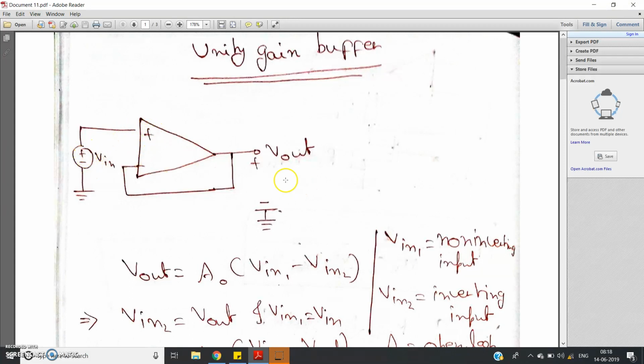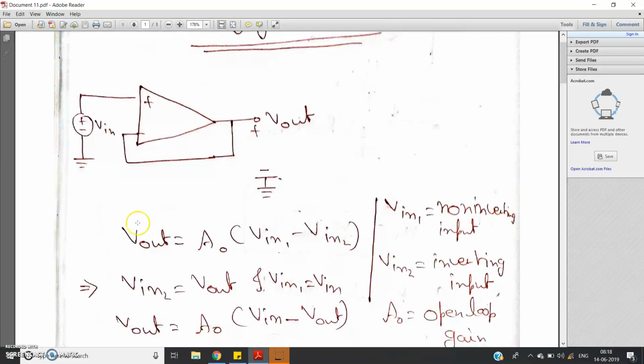and in the non-inverting terminal, or the positive pin, we are applying V input. As you know, the general expression for the output voltage in an op amp is V output equal to A naught, the open loop gain of the operational amplifier, into the non-inverting terminal voltage minus the inverting terminal voltage. If we go step by step, you will understand easily.